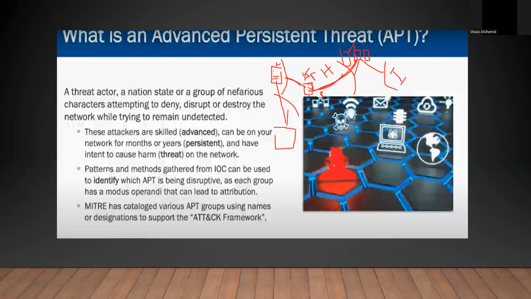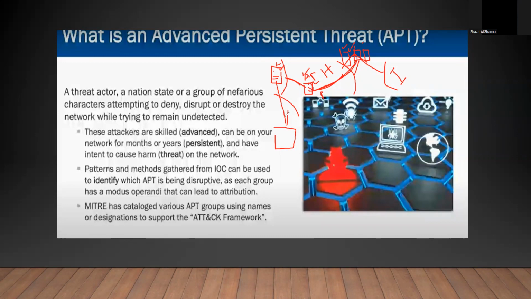But what I'm trying to say is, guys, every time he's compromising one system here, he's leaving some traces. So it will be our responsibility to detect these traces, especially if he managed to bypass our prevention techniques.